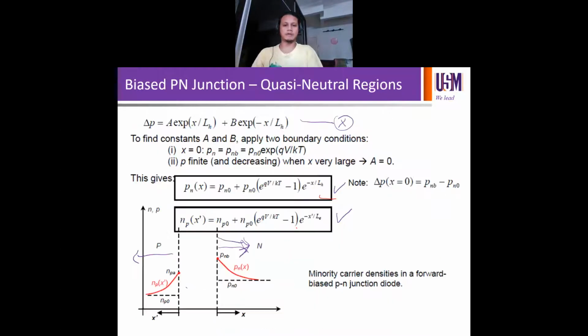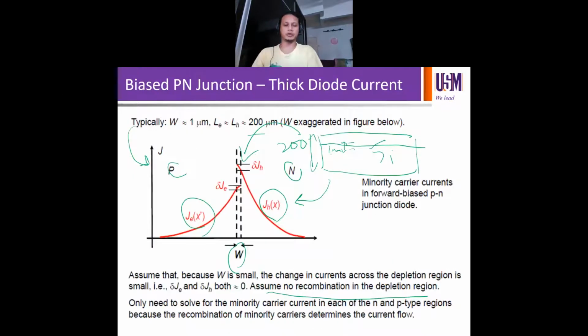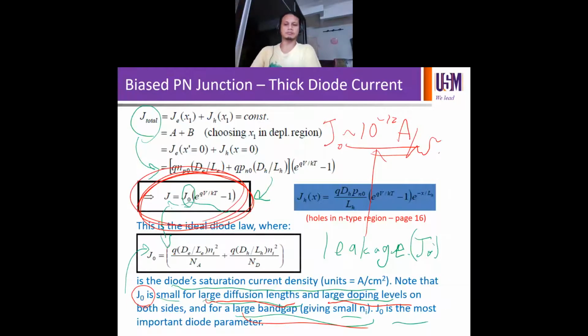So hari ini kita dah cover up to quasi-neutral region. Test 2 ada calculation tak? Test 2 I haven't decided, but more or less it will be something like test 1, right?